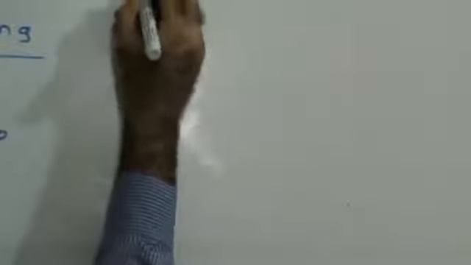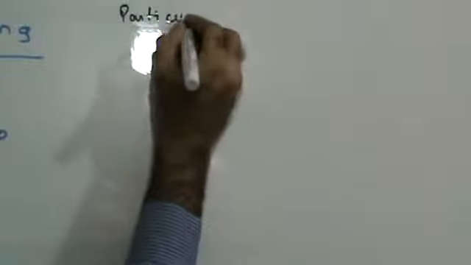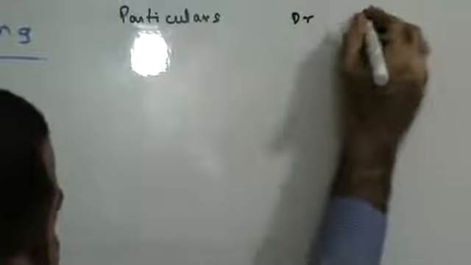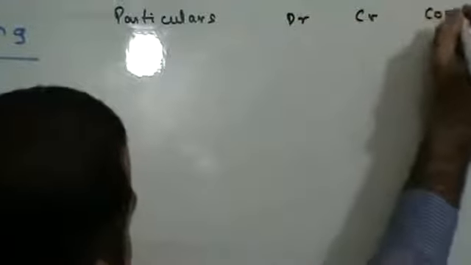Let's do illustration 3. Let's first get the setup done. Working note. Particulars. Profit and loss. Debit, credit, costing.